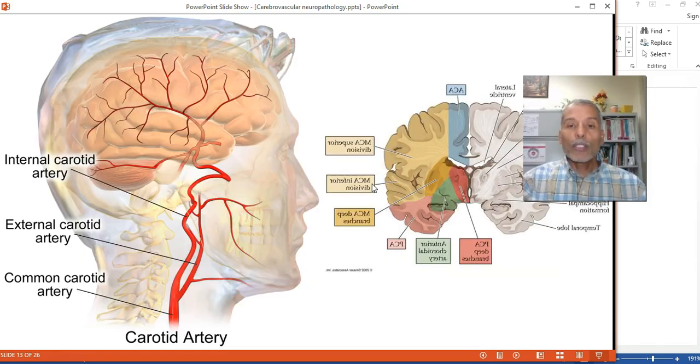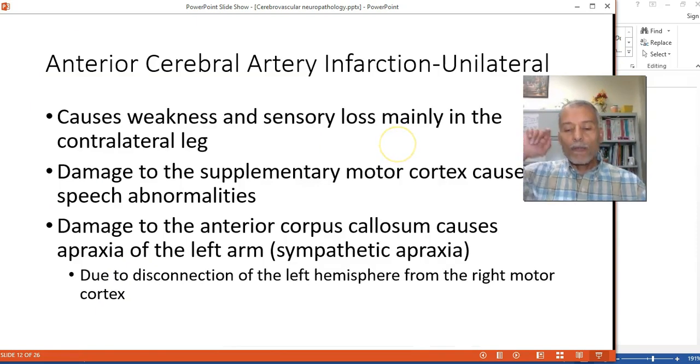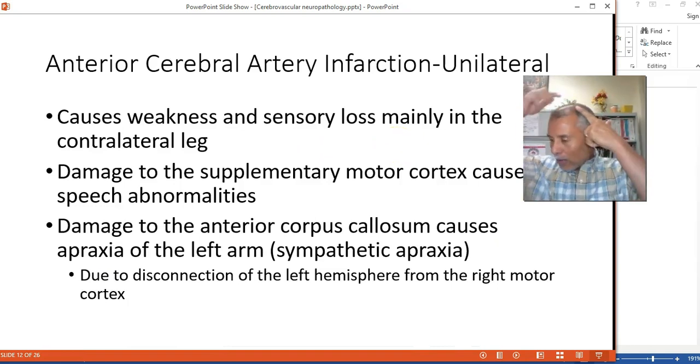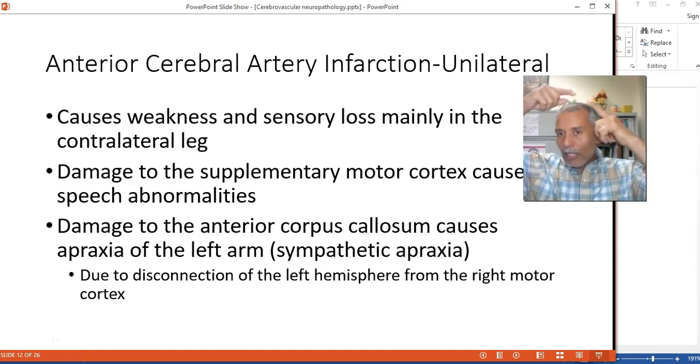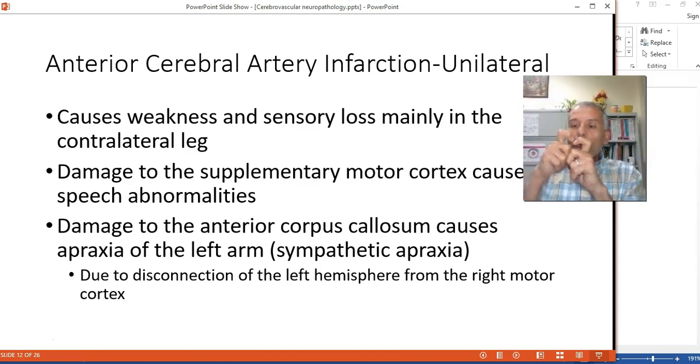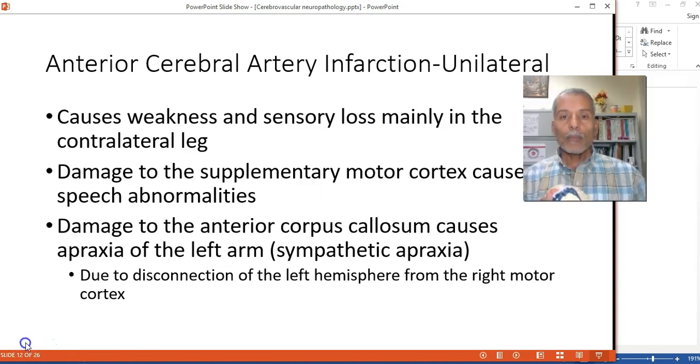Remember, the supplementary motor area is an area that's in front of the primary motor cortex. So if the primary motor cortex is like my finger here, the supplementary motor area will be here, and it will be in between the hemispheres. Let me show you what it looks like on the brain.